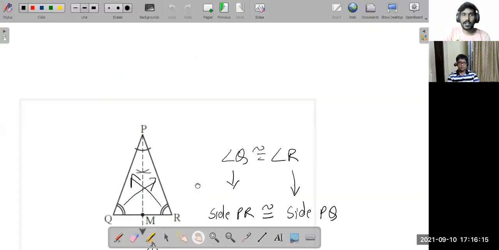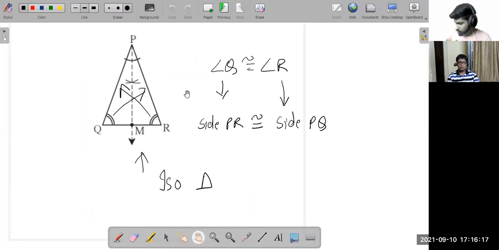Okay, so we had started with the isosceles triangle theorem. What this says is that in an isosceles triangle, the angles which are opposite to the congruent sides are congruent to each other.